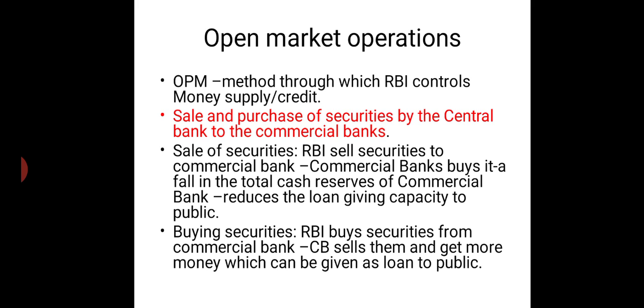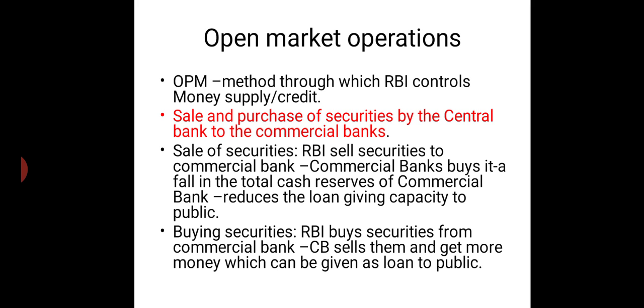When we buy something, what happens? Then they will get more money, right? RBI, when they buy it, they have to give money to the commercial bank. So commercial banks' loan reserves, which they can give to the public, increase, so they can give more loans to the public. Basically, when they give more loans, investment increases.